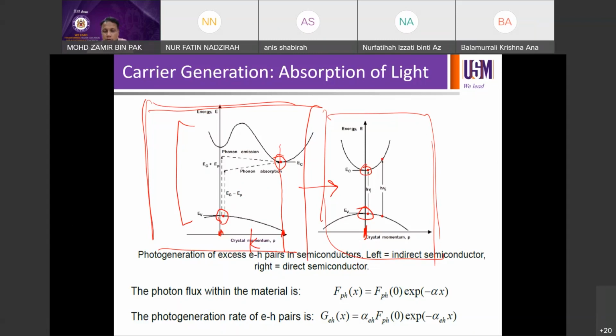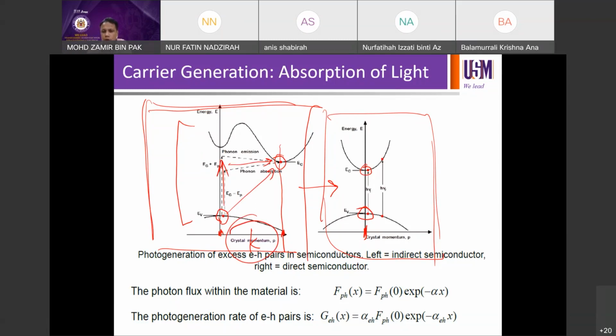So for example, if you talk about crystalline silicon on the left, the transition needs to be vertical and also horizontal in order to get there, from local maximum to local minimum, and you need to have the same value of crystal momentum to allow the excitation to take place, right?